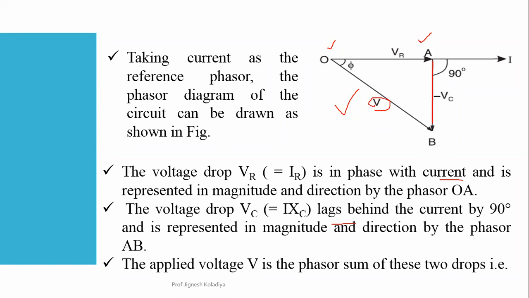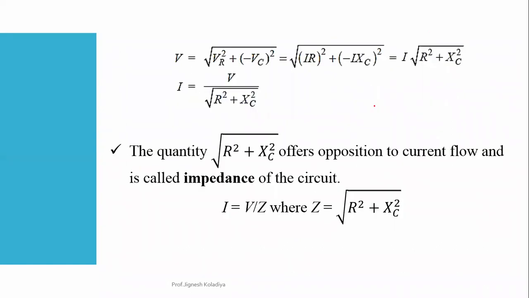So it is represented by V square is equal to VR square plus VC square, or you can give the square root over here. So V is equal to square root of VR square plus VC whole square. So it is IR whole square plus IXC whole square.